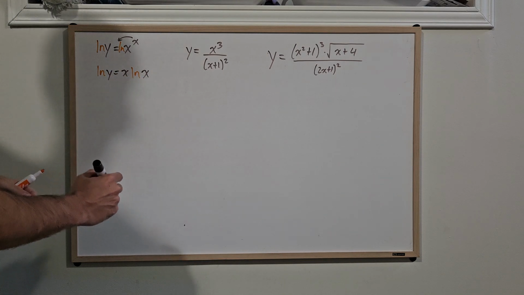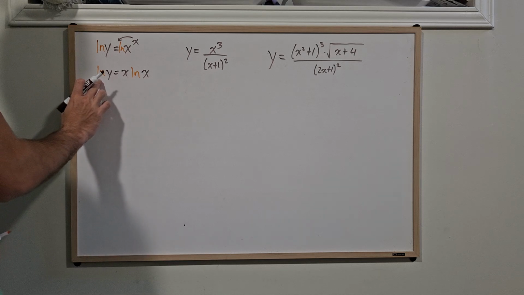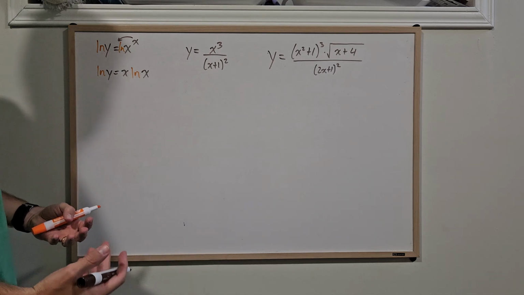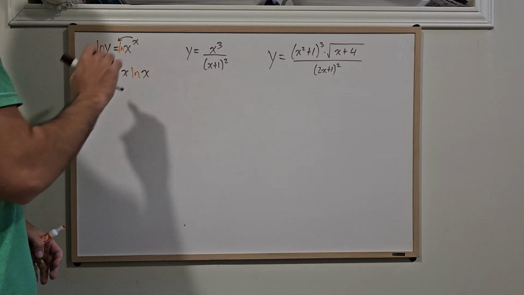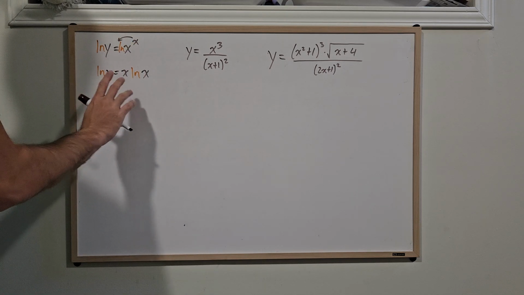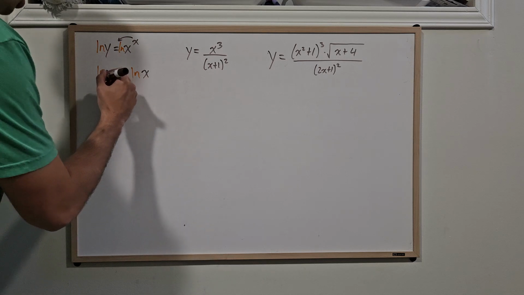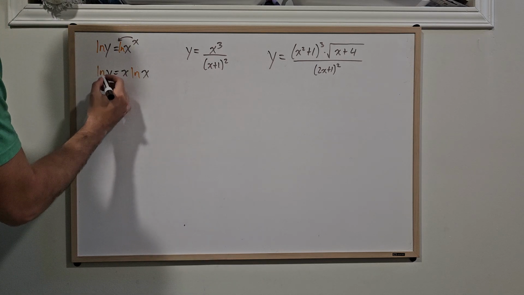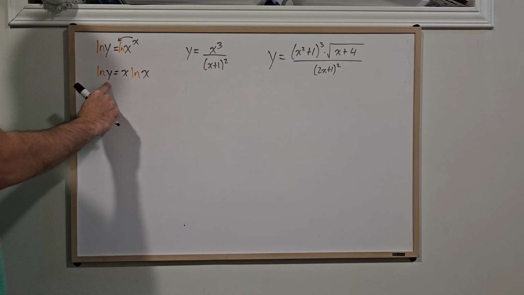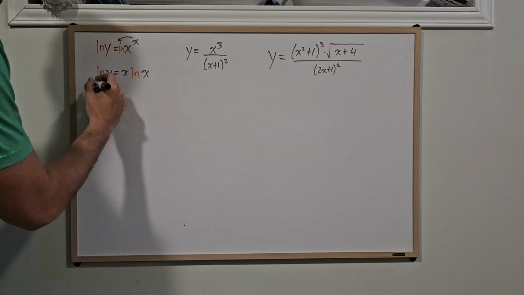So here we have the natural log of y, which is a function of x. We know y is equal to x to the power of x. Because this is a function of y, I need to use the chain rule here. My outside function is the natural log, and then I have my inside function of x, which is y.